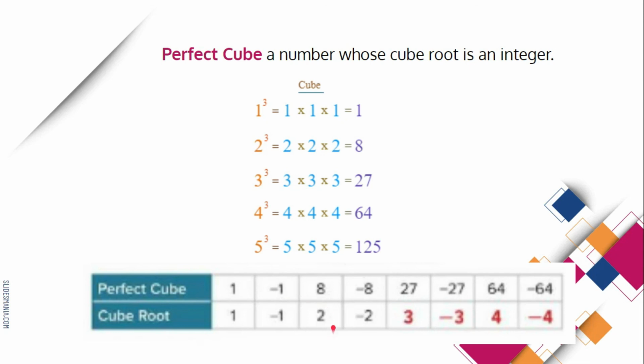If we multiply 2 3 times, 2 times 2 is 4, and 4 times 2 is 8. We can repeat that for -2. -2 times -2 is +4, and then +4 times -2 is -8. And we could continue going along this chart infinitely once again.